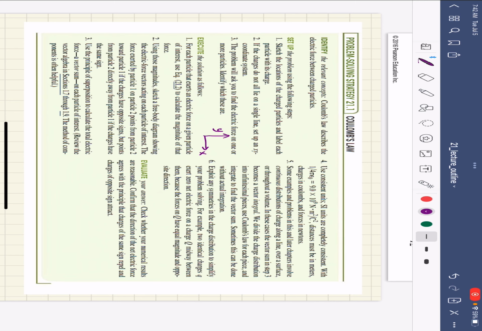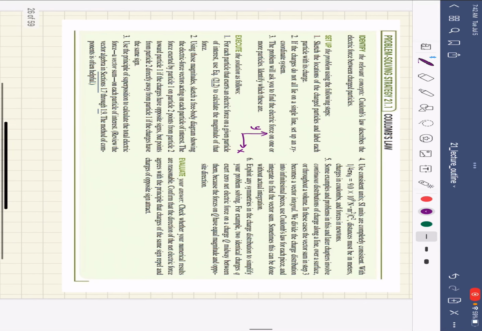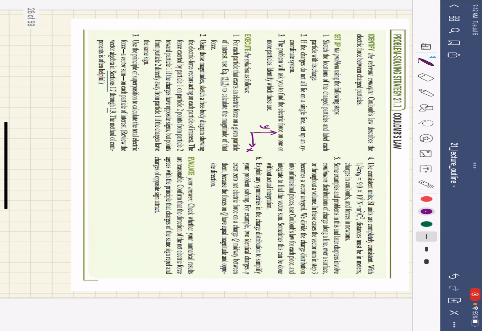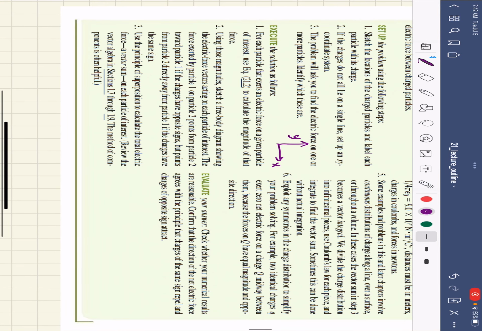The problem will ask you to find the electric force on one or more particles, so identify these unknowns. Then sketch a free body diagram showing the electric force vectors acting on each particle of interest, and the force exerted by particle 1 on particle 2 points from particle 2 towards particle 1, like I showed you before.